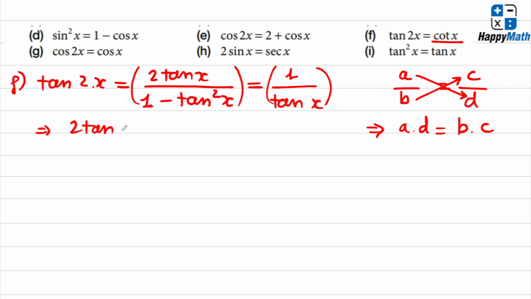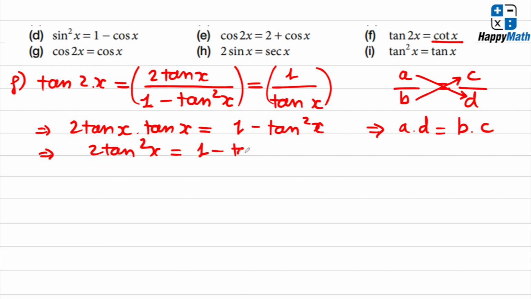This is 2 tan h multiplied by tan h, and the other one will be 1 minus tan square h times 1. The left hand side will be 2 tan square h and the right hand side 1 minus tan square h, like here.